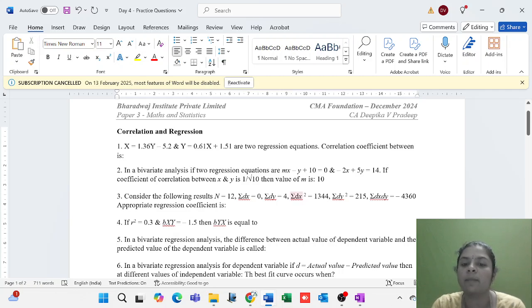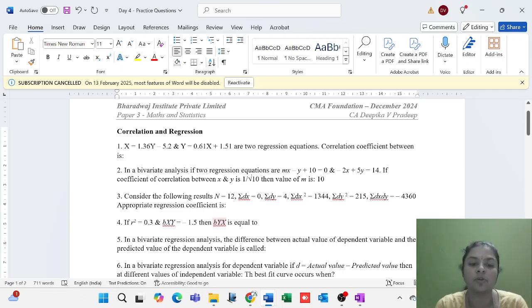So in the denominator you can use x square, and with that you can find out byx, or bxy. In the exam, if you are confused about which one to find, and the question does not have a hint, find out both. If you are able to find out both, find out both. Whichever is available in the options, you can select it. Clear? So here I want you to find out both bxy and byx. Go ahead, please calculate and give me the answer.